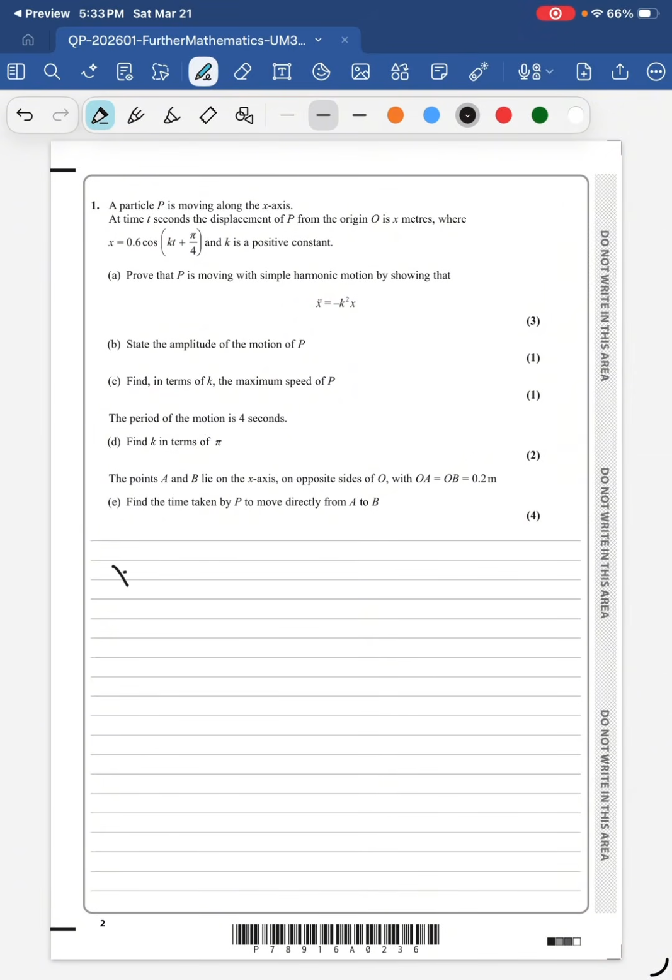To do that, we simply have to find the first derivative. This dot means dx over dt. I was surprised to see this at the high school level because I learned this dot method when I went to college, in my case. So the first derivative is minus k times 0.6, and then the derivative of a cosine is minus sine, right? That's why we have the minus sign up there, and then the sine of the argument.